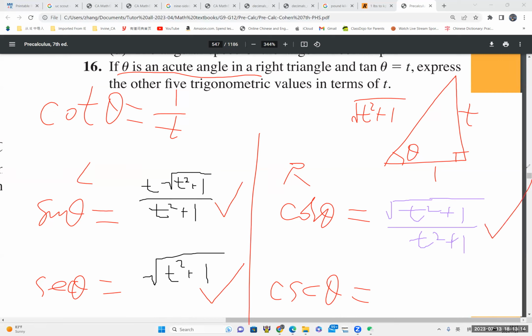Yeah. Then how about here, cosecant? Well, I think I did this one wrong. I'm redoing it. Resolving it.